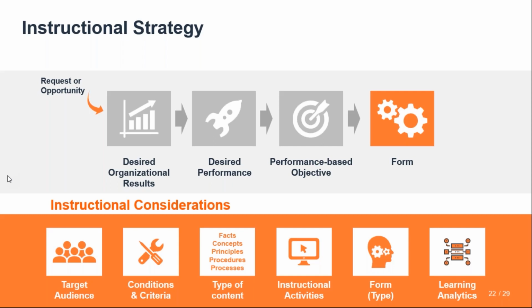Then we also can take the type of content into consideration. So whether it's facts, concepts, principles, procedures, or processes, because we do have different ways of teaching each of these things.